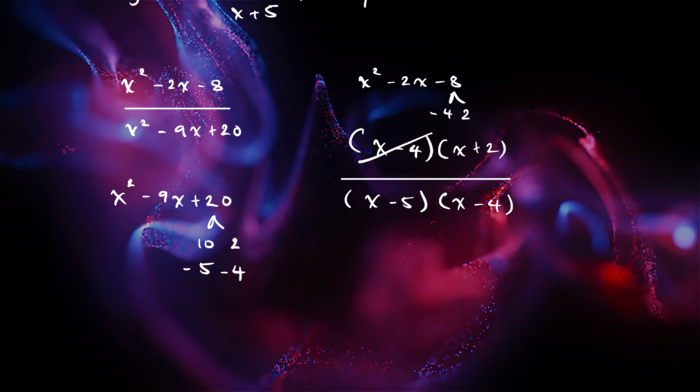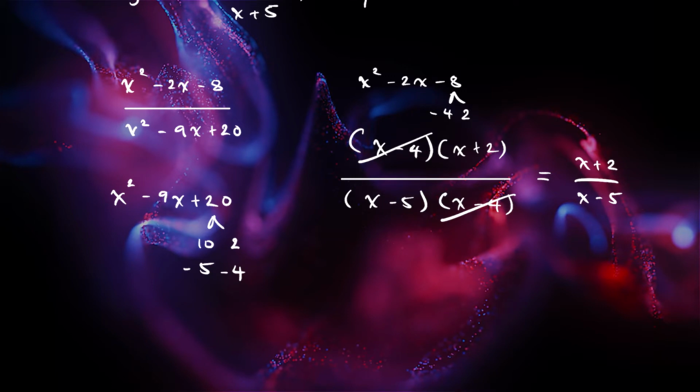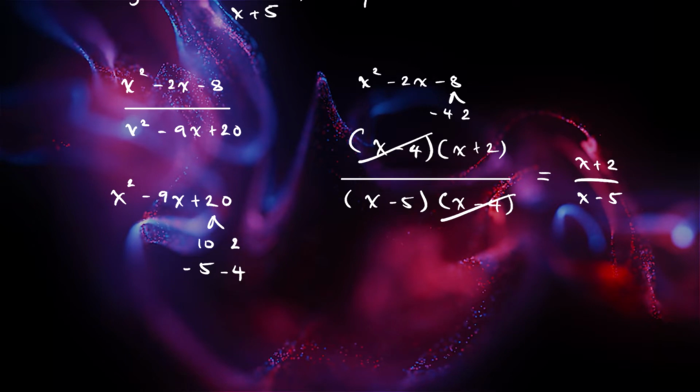So those can cancel out since we've factorized it. And this leaves us with x plus 2 over x minus 5. Now, that's our simplest form possible since we can't get any simpler than that, right? So we've gone the simplest way possible on our top, and the simplest way possible on our bottom. So this is our final answer.